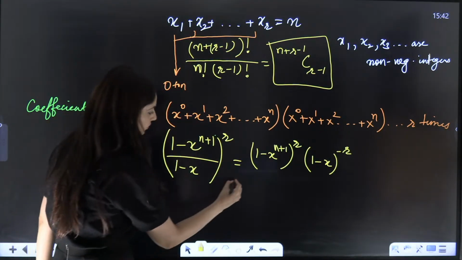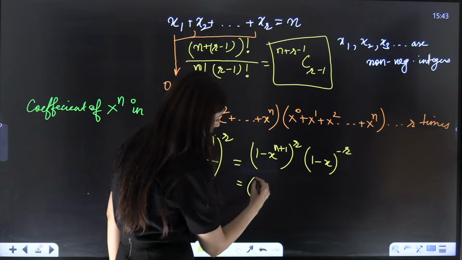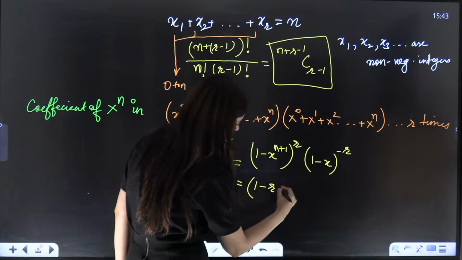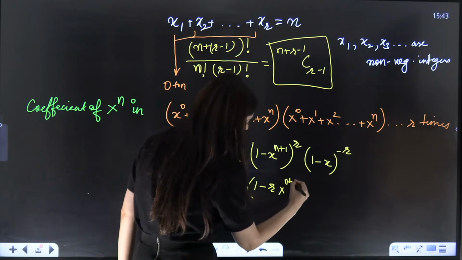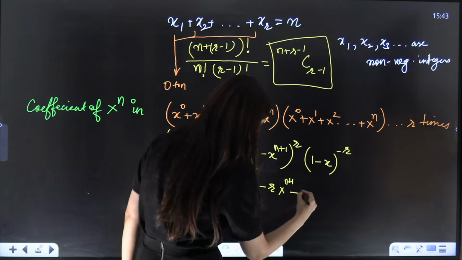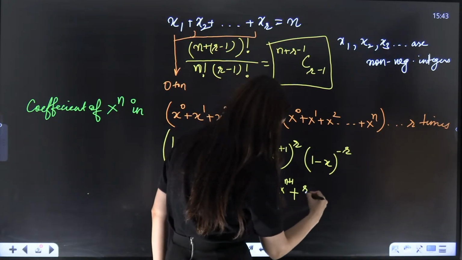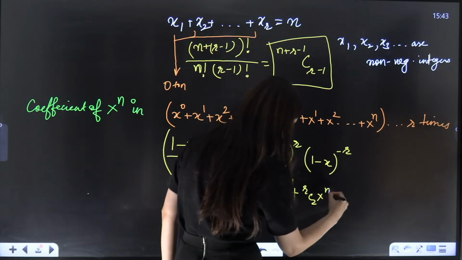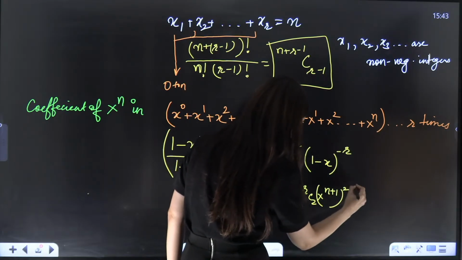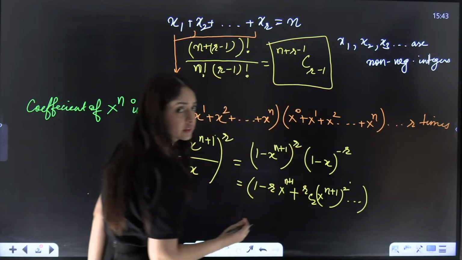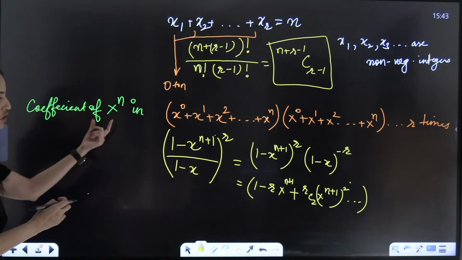So now in the first bracket we get 1 minus r into x raised to power n plus 1, and then we have rC2 (x raised to power n plus 1) square and so on. We need the coefficient of x raised to power n.